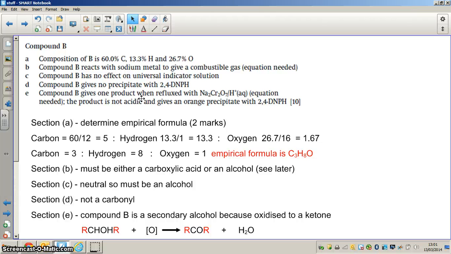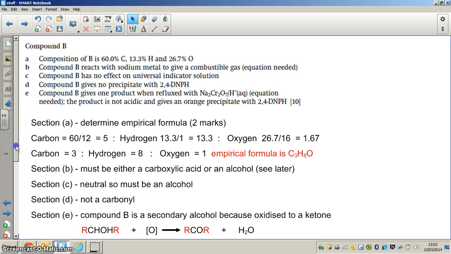Well, it tells us that compound B must be a secondary alcohol. If it was a primary alcohol, it would continue under reflux to become a carboxylic acid, and section E says the product is not acidic. So the oxidation happens but stops at a carbonyl compound, and the only way it can stop at a carbonyl compound is by being a secondary alcohol.